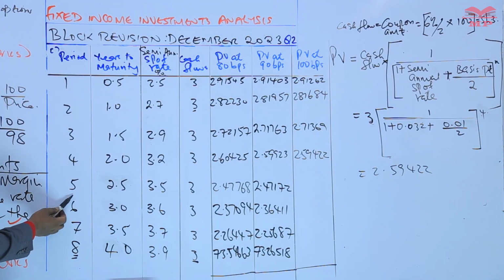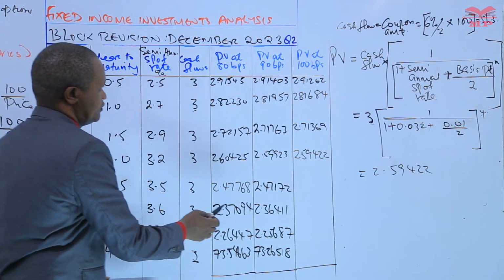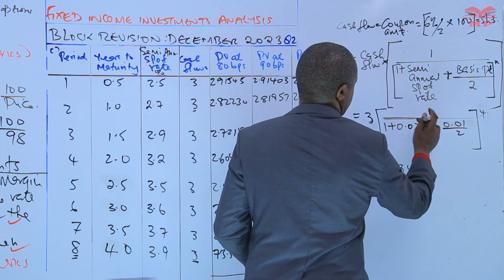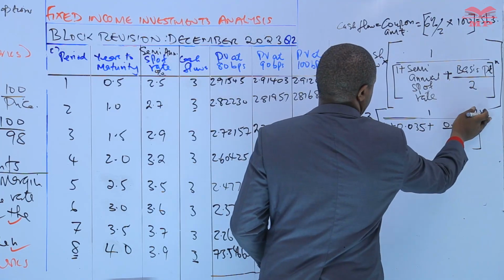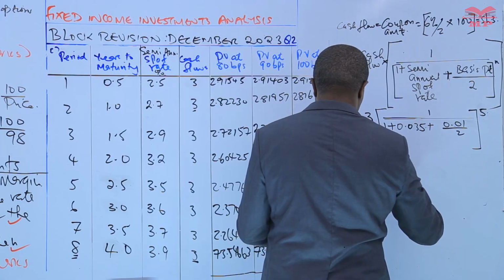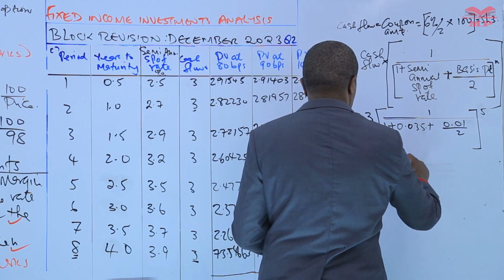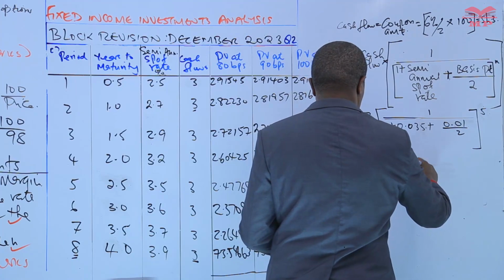The fifth period, semi-annual spot rate 3.5%, raised to 5, gives 2.46578.